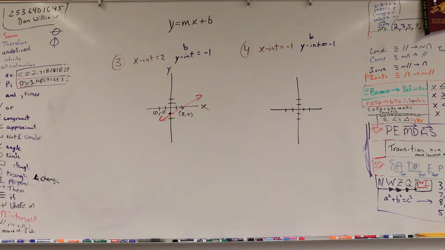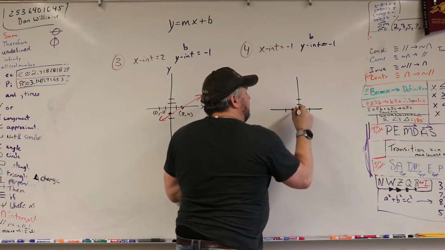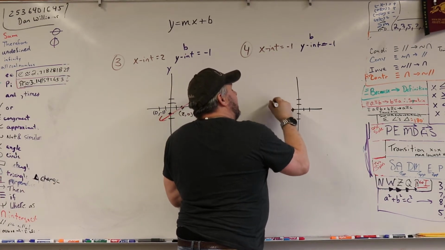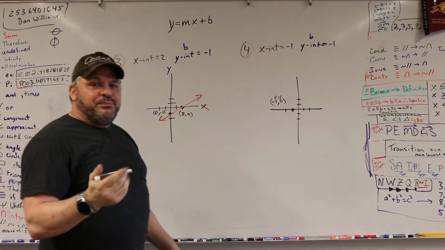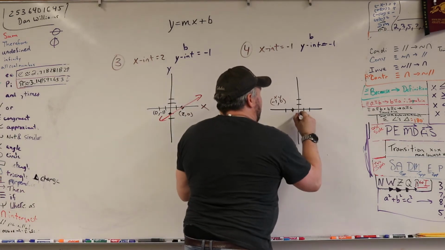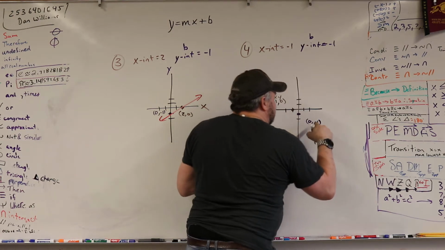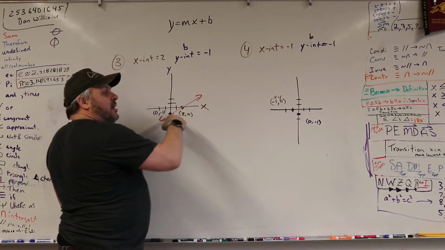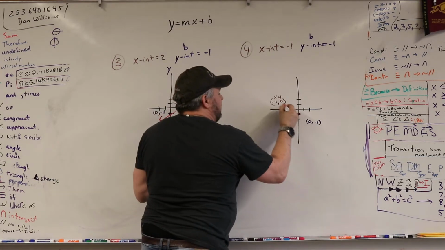So you don't know which one's going where, unless you show yourself the negative color, which is (-1, 0), because x comes first, right? And then the y comes second. That -1 is right here, and that's (0, -1). That's the same point that we have here, but now this slope is different.